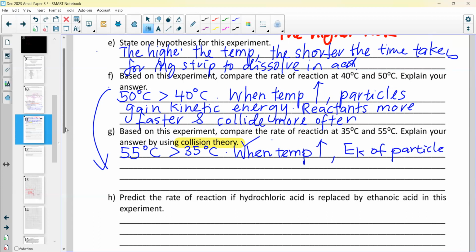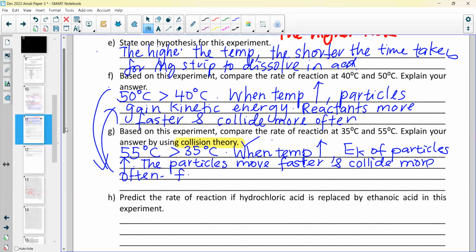Okay, very good. Some more? The particles move more rapidly, or move faster and collide more often. Is it exactly the same as above? Yeah. What else is in collision theory? Effective collisions increase. Okay.